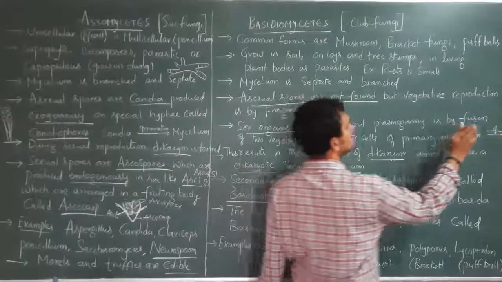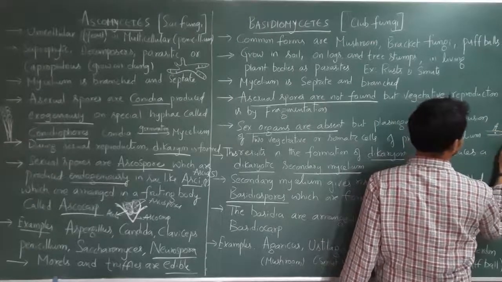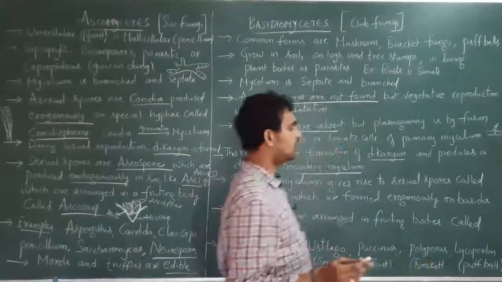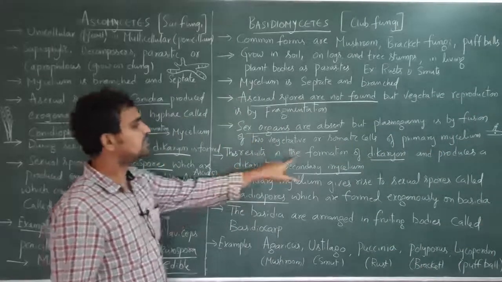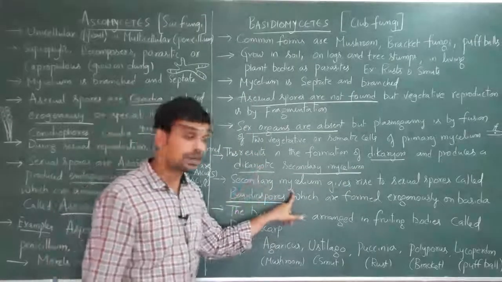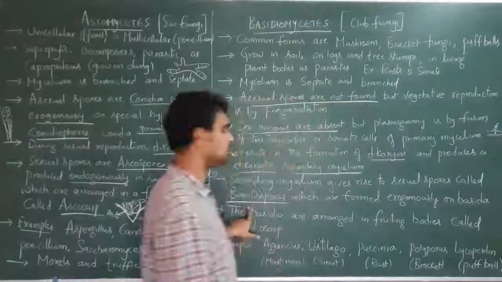It can produce the basidiospores like this. So this results in the formation of a dikaryon and produces a dikaryotic secondary mycelium. The secondary mycelium gives rise to sexual spores called basidiospores.